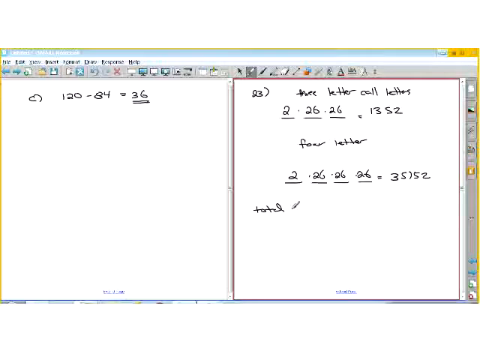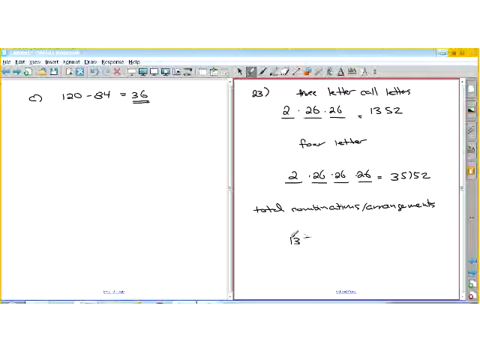So we don't multiply them together. Total combinations. They say combinations, I guess we could really call them arrangements, because that makes us confuse it with the official combination thing.